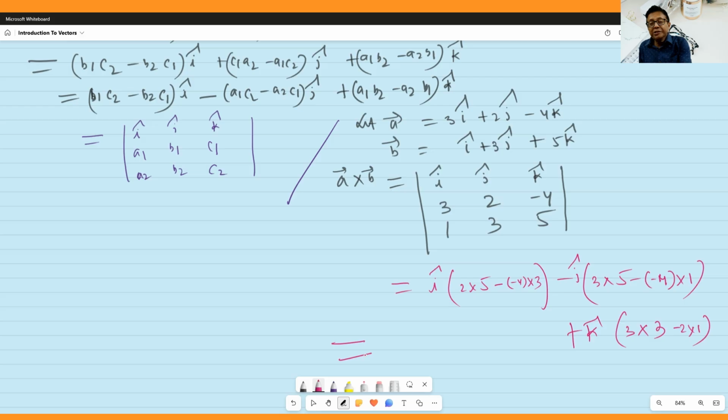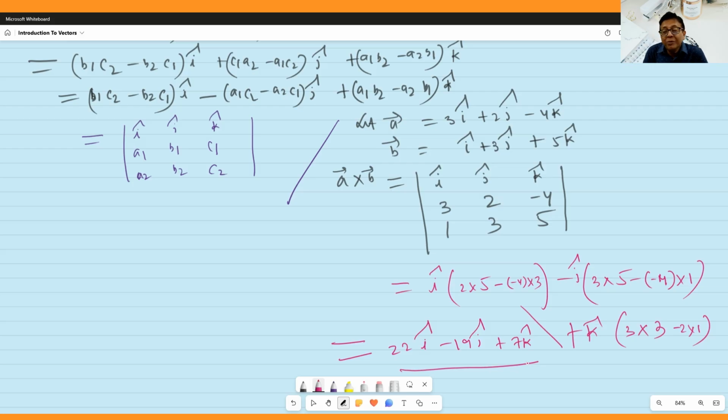So this is going to be 10 plus 12, 22 I cap. Then 15 plus 4, 19, minus 19 J cap. And then 9 minus 2, 7 K cap. Alright? Hope you have understood. So this way you can find cross product between any two vectors.